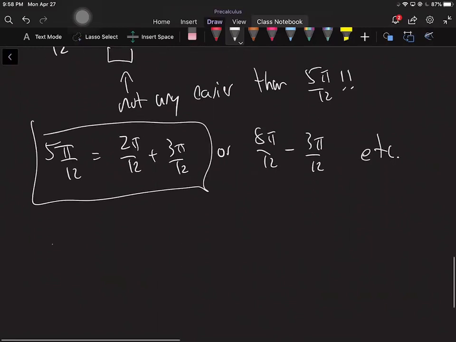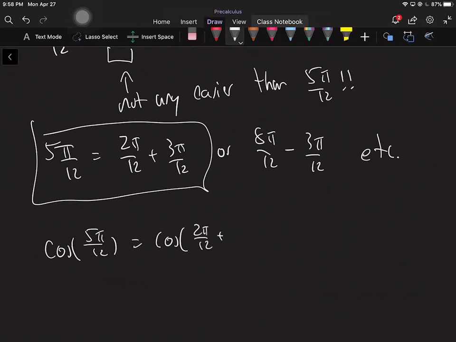Okay, so then cosine of 5 pi over 12 is what I'm looking at. I've broken up the angle into two pieces that are a little more bite-sized and understandable, because when they reduce, I get two angles that I understand better. And then I can just use my new trig formula.